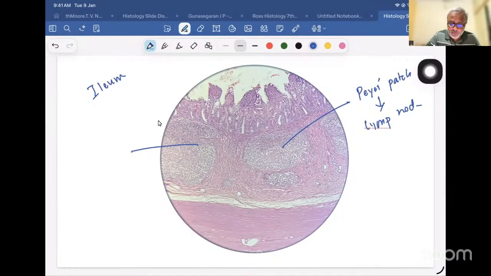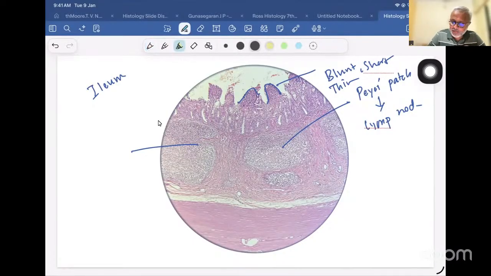Right? Now, if you observe the villi, these are blunt, short. Right? You can even use the word thin. Thin, blunt, short villi are the characteristic feature of the ileum. But the characteristic feature of ileum that you must never forget is this whole area, which is the Peyer's patch, right?